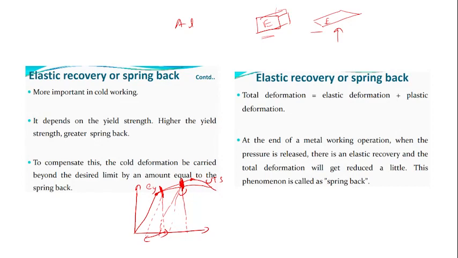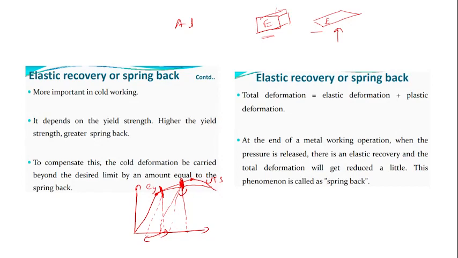So to deform the sheet metal, you don't have to apply much load. So your plastic deformation is not as much as your elastic deformation, right, in the sheet metal operation. Remember elastic recovery: whatever the elastic deformation happened, after the removal of the load, that much deformation will be recovered, right?